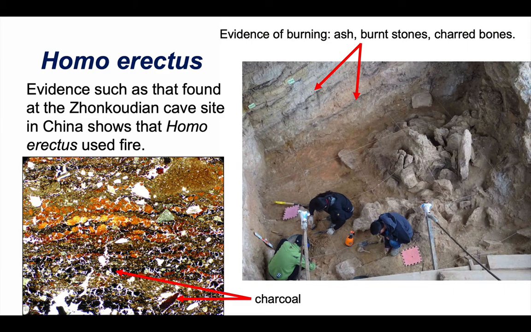In China, there's a cave site with Homo erectus fossils, clearly somewhere where the species lived, and we find charcoal. And we find that in layers as well, along with charred bones, burnt stones. They were clearly using fire to cook, as a key part of their lives.